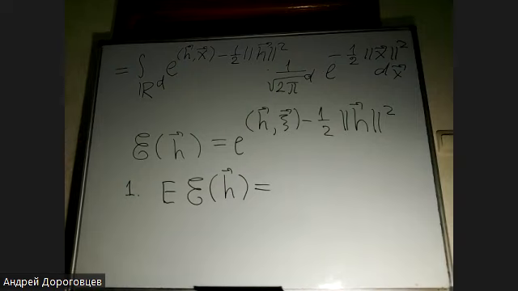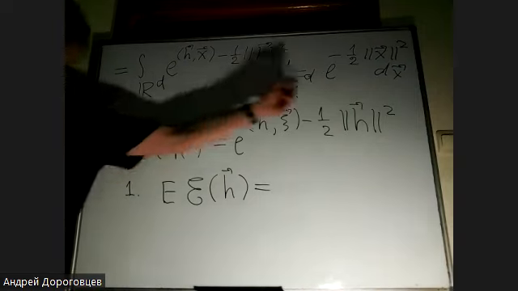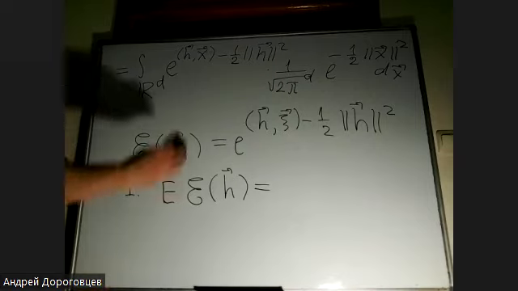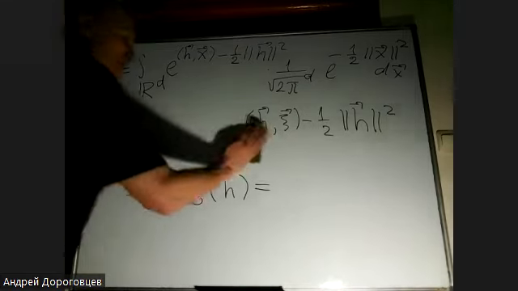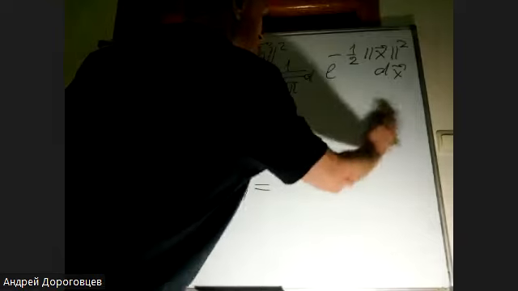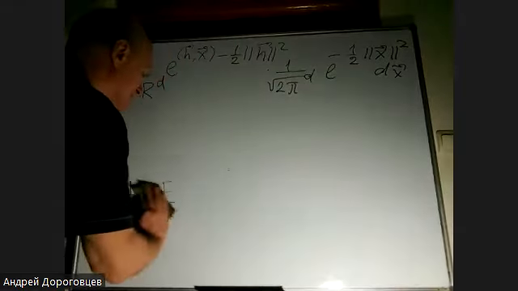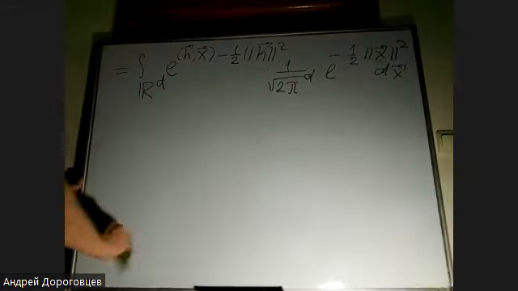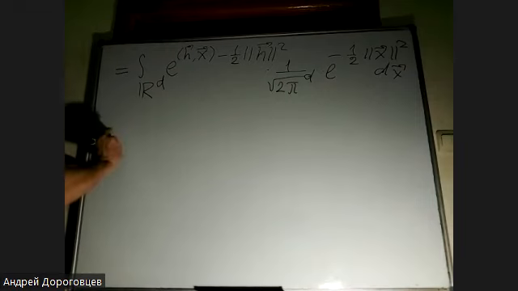It can be easily seen that the product of these exponents can be simplified essentially, and we can write finally the following.